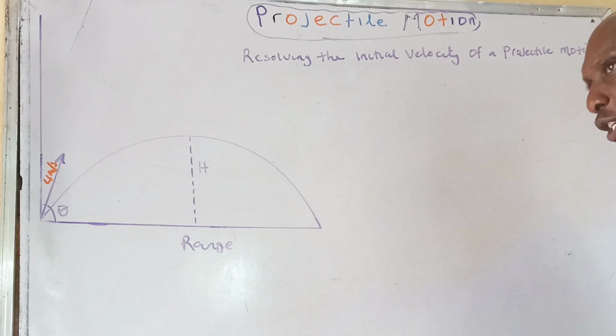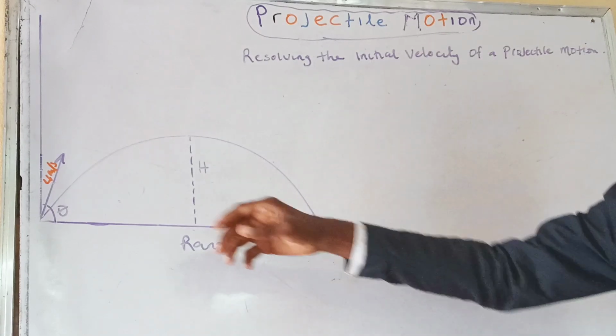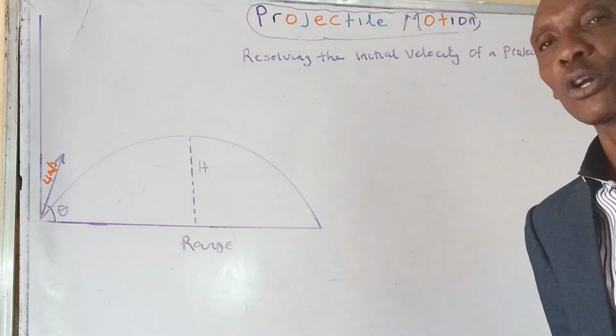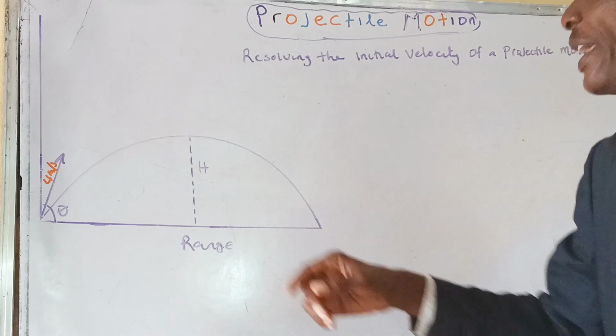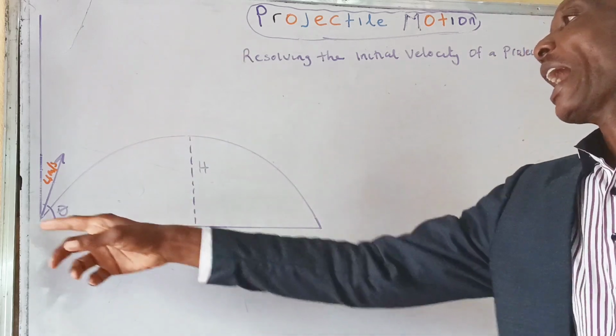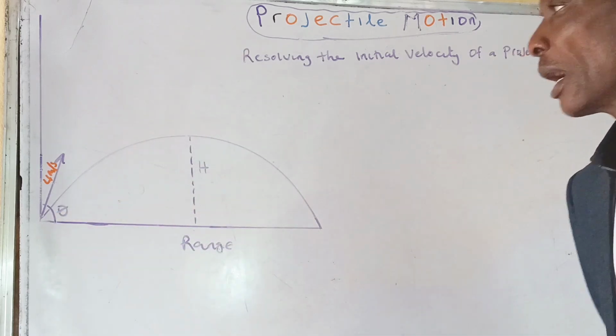So in this video, we are going to be looking at how we can resolve the initial velocity of a body undergoing projectile motion into its vertical component and its horizontal component.